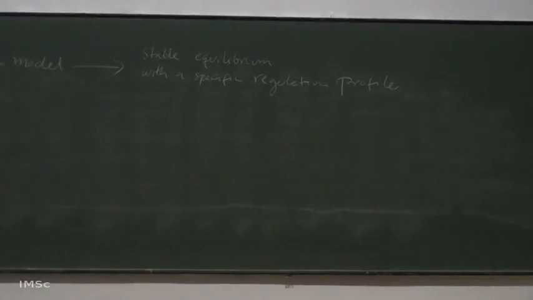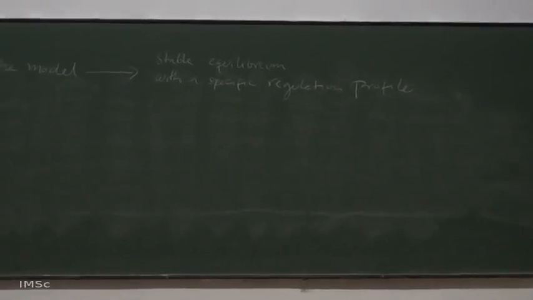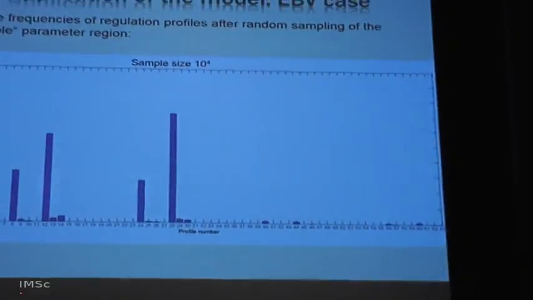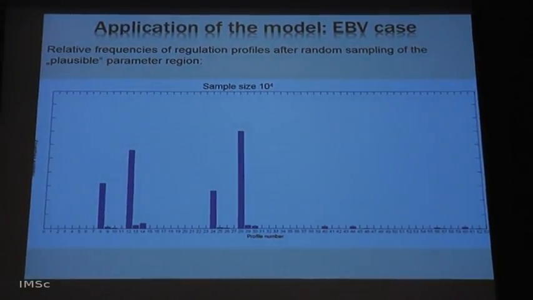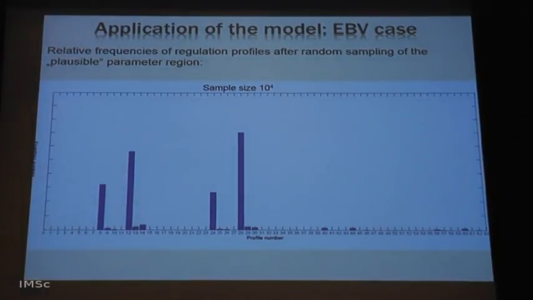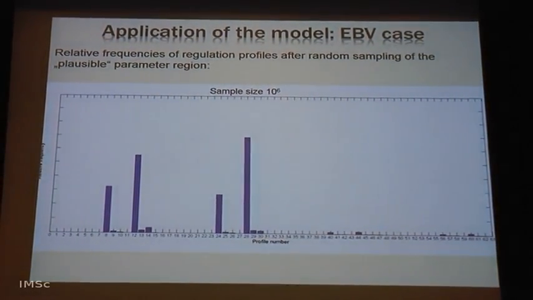And so you do this 1,000 times, like we did here, and then you see, okay, the model is telling me there is an equilibrium which has this type of regulation profile. There is one like this, and so you see that there are 4 that are very frequent, and of course you can keep increasing your sample size.